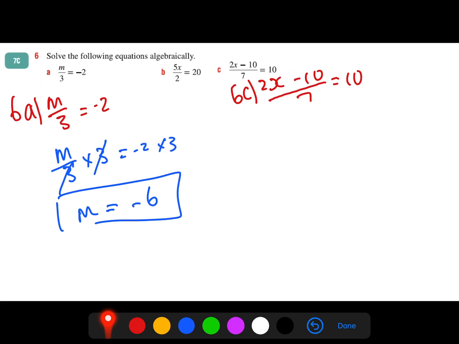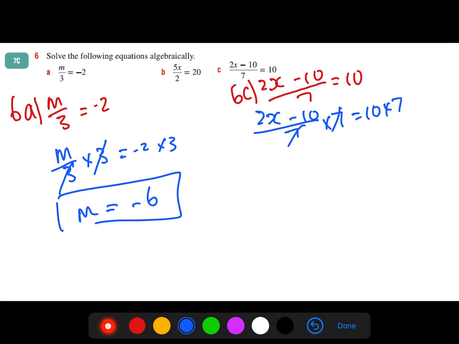I need to move either one of these to the right-hand side here. But I'm going to move the 7 because it's on a different level. It's on the bottom of this fraction, whereas the negative 10 is on the same level as the 2x. That being said, I'm going to move the 7, so we're going to do 2x minus 10 over 7. I'm going to do times.